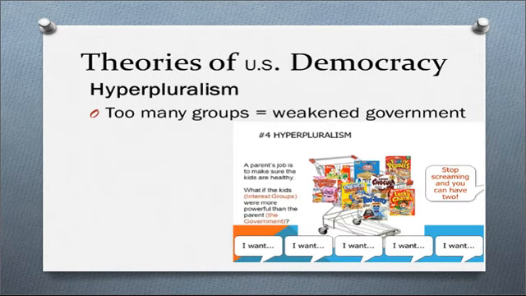Another way of thinking about hyperpluralism is too much of a good thing is sometimes bad. According to the hyperpluralist theory, there are so many groups trying to influence public policy that it makes it difficult for government to function.